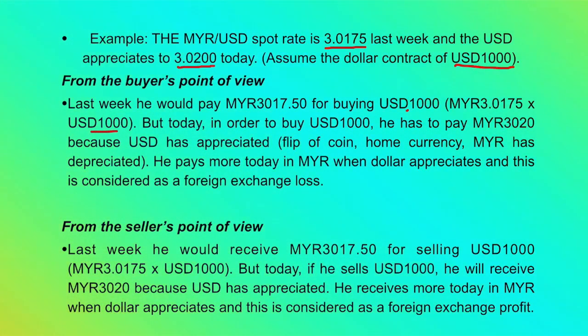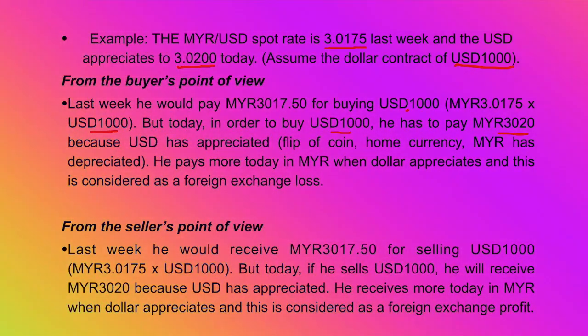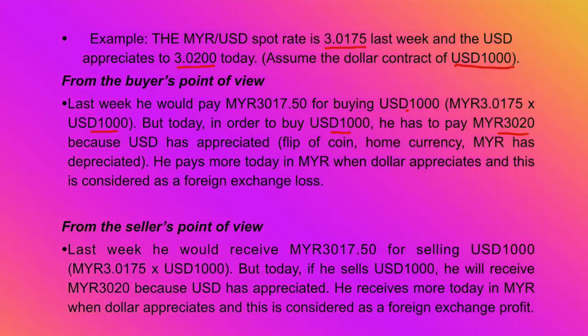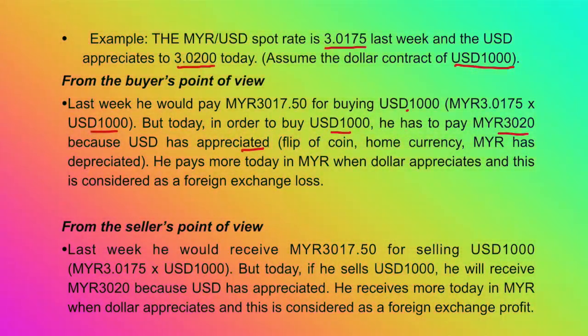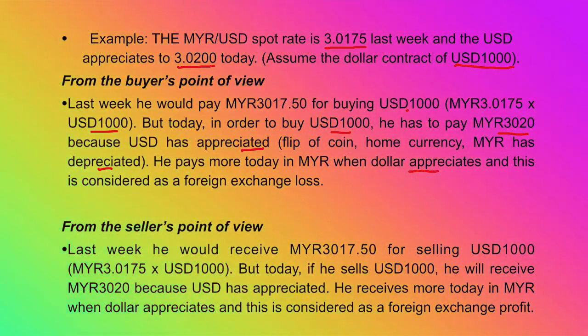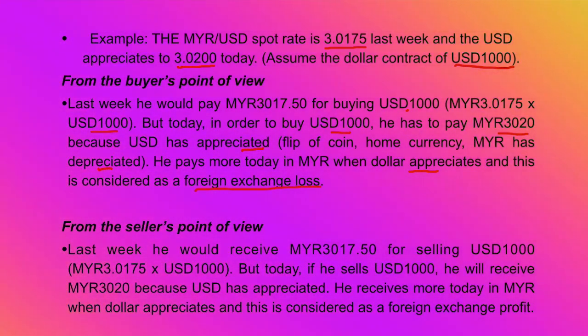But today, in order to buy US dollar 1,000, he has to pay 3,020 because the USD has appreciated, meaning that the Malaysia ringgit has depreciated. He pays more today in Malaysia ringgit when the dollar appreciates, and this is considered a foreign exchange loss.